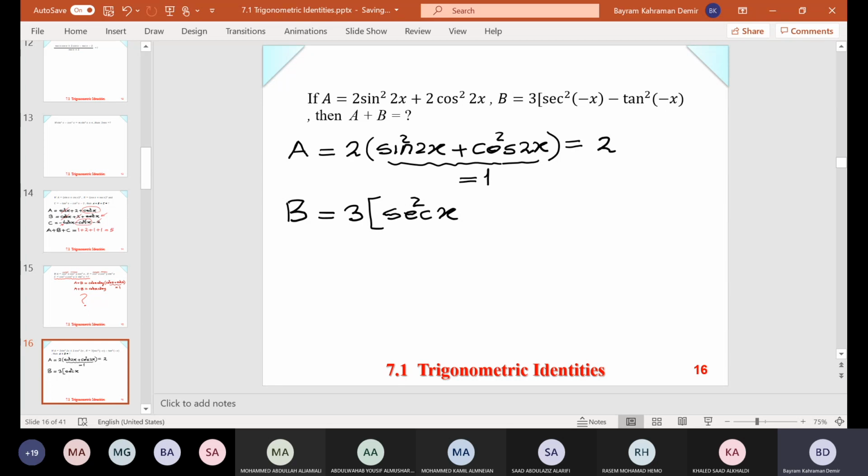And then minus tangent square of negative x is also tangent square of x.